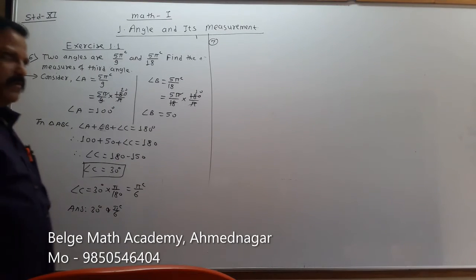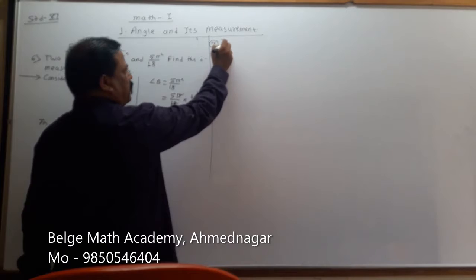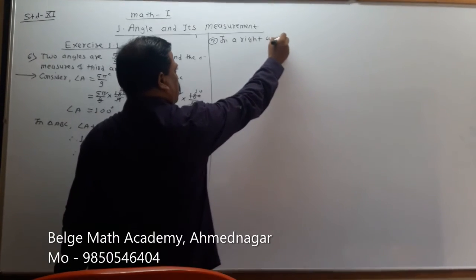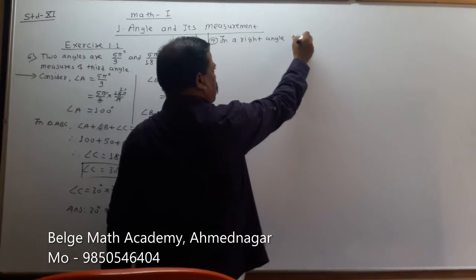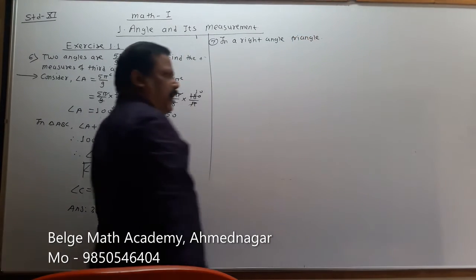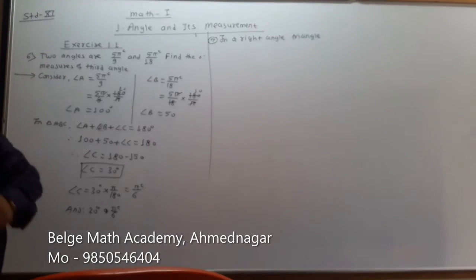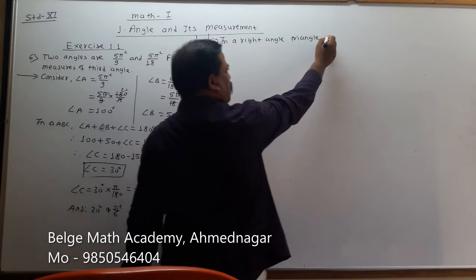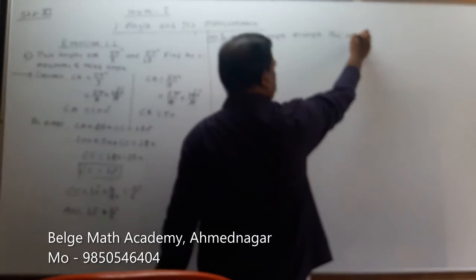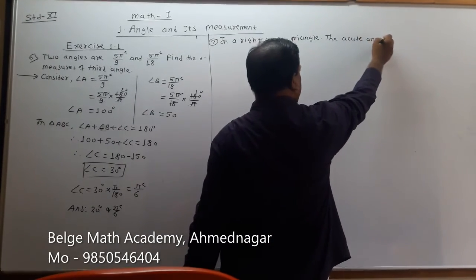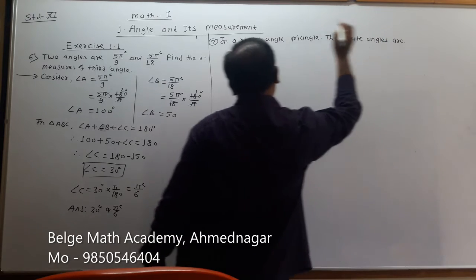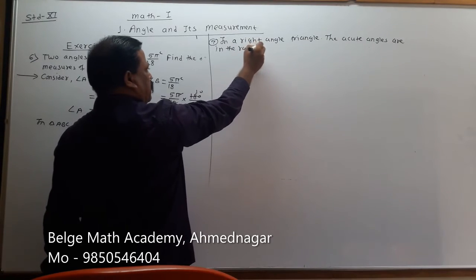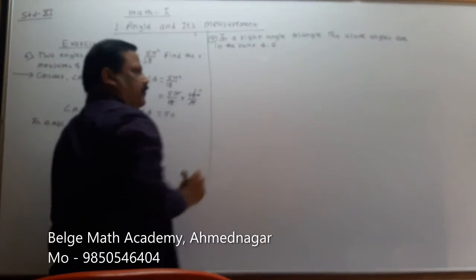The example is: in a right angle triangle, the acute angles are in the ratio 4:5.